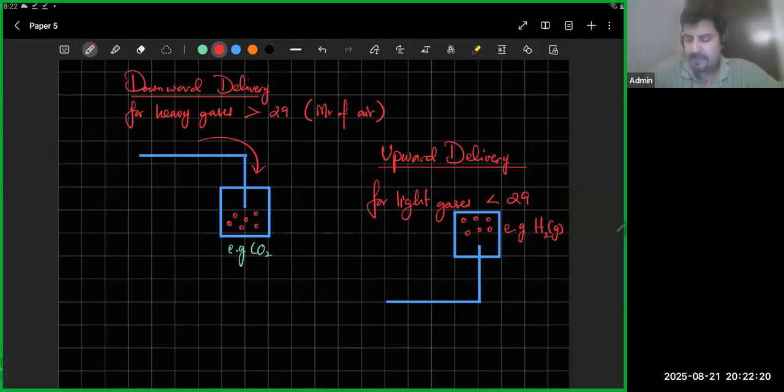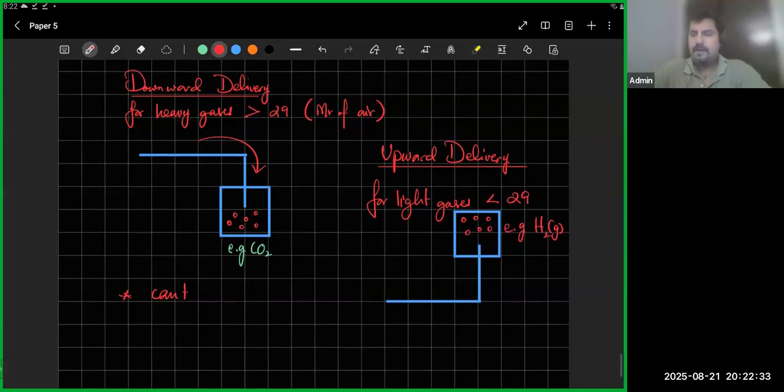Now, the only trouble with downward delivery or upward delivery is that you can't measure the volume of gas. You get that?